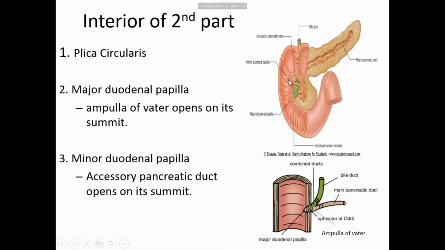In the minor duodenal papilla, there is the opening of the accessory pancreatic duct. The pancreas has two ducts, the main pancreatic duct and the accessory pancreatic duct. The main pancreatic duct fuses with the bile duct to form the ampulla of Vater, which opens on the major duodenal papilla, and the accessory pancreatic duct opens on the minor duodenal papilla.